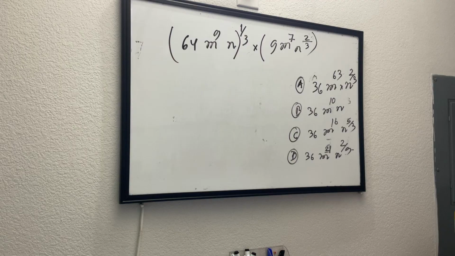A plus b into a square minus 2ab plus b square. That means a into a square minus 2ab plus b square, plus b into a square minus 2ab plus b square.